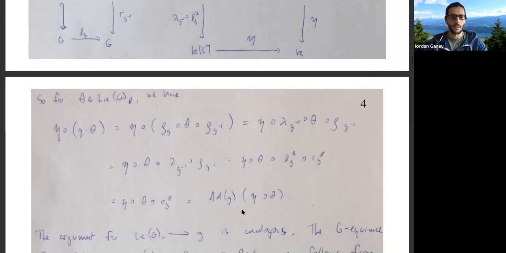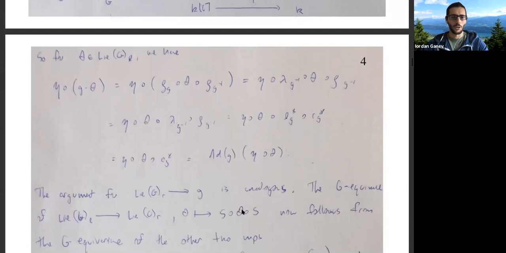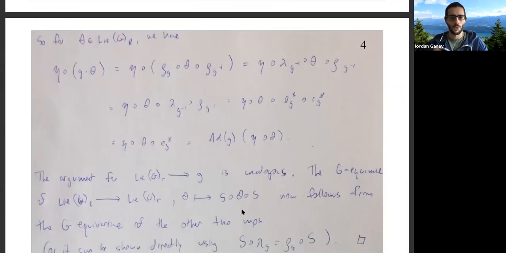And so that's the argument for left invariant vector fields. For right invariant vector fields, it's the same thing. If you want to show that the map from left invariant vector fields to right invariant vector fields given by conjugation by the antipode is G equivariant, you could do it by hand.